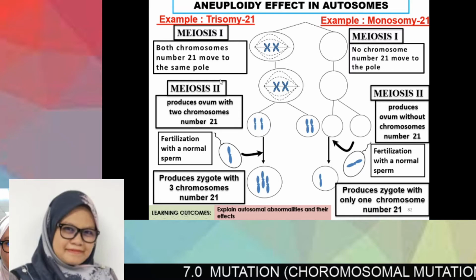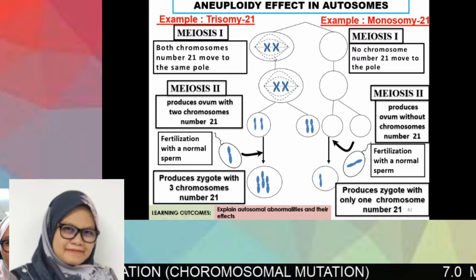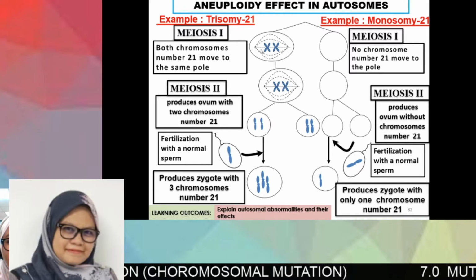Sewaktu proses meiosis, homologous kromosom pada pasangan ke-21 ini berlakunya non-disjunction. So menyebabkan gamet yang dibawanya mempunyai lebihan satu kromosom pada pasangan ke-21.